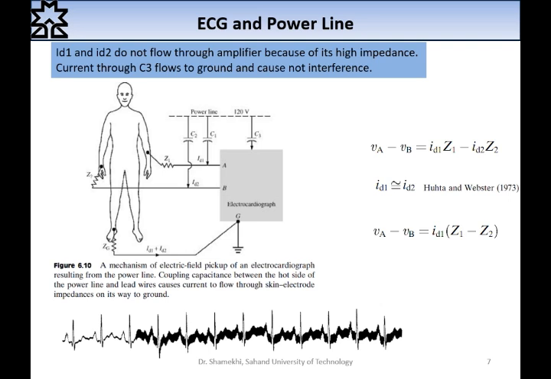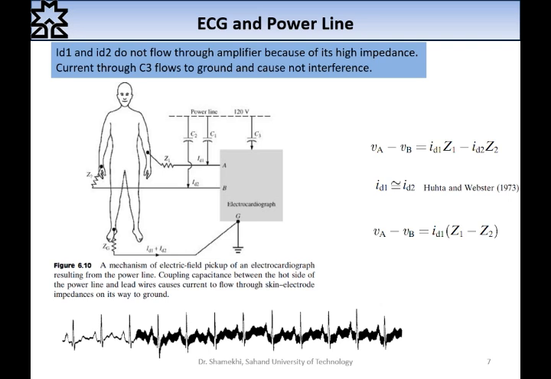First, we will discuss ECG and power line. Power line is required for our device, but at the same time, power line is a big problem for our amplifier system.